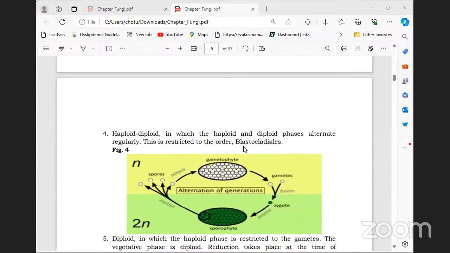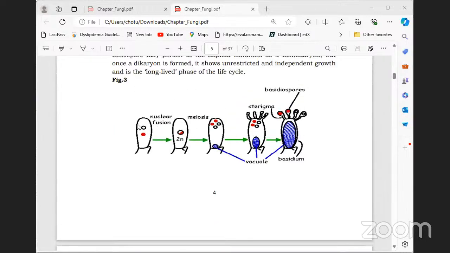Next, the fourth one. See, this is a nuclear fusion. You can observe the nuclear fusion: the nuclei fuse, and after that the gametes reach the 2n stage. After the 2n stage, meiosis division occurs. Next, the vacuoles.